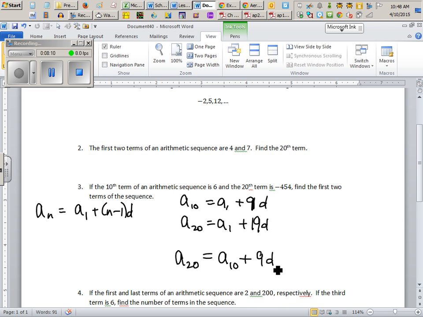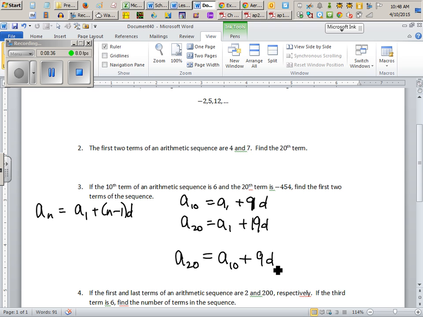But when I move a student from the 10th chair to the 15th chair, that's 5 spaces. Right? 15 minus 10 is 5. 6 minus 1 is 5. So you have to be a little bit careful with the counting here. But this statement is not quite true. The 10th number and the 20th number differ by 10 full spaces. Okay, so that should actually be a 10d there.